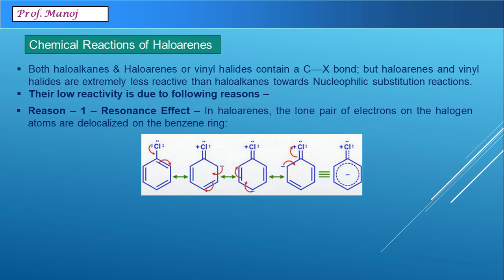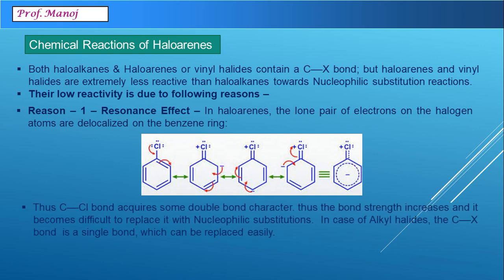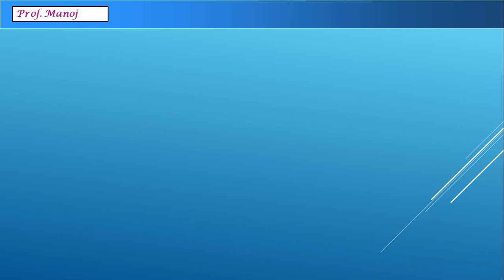Also, chlorine is acquiring partial positive charge. Also, due to the double bond character, bond strength increases. It becomes very difficult to remove this chlorine. But in case of alkyl halides, carbon halogen is a single bond and it can be replaced very easily.